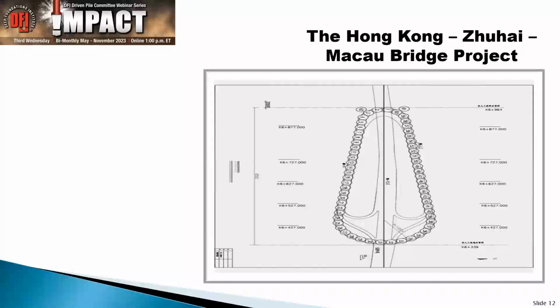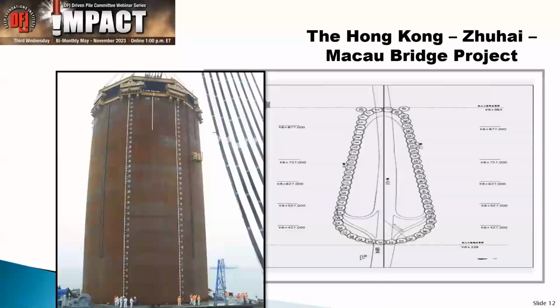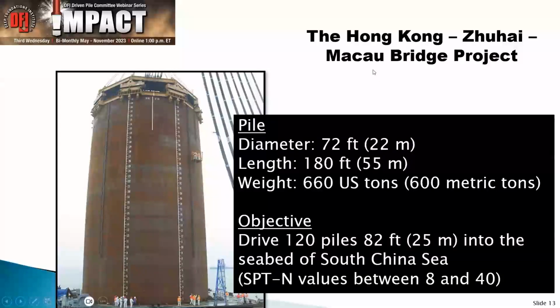And that is when we first started thinking about, okay, what are the limitations of vibratory driving? Because this is one of those piles. And again, you see there the people on the bottom in the orange suits. The people are getting smaller and smaller, or the piles getting larger and larger, whatever it is. And we came up with a problem where we had a 72 foot diameter pile, about 180 feet long, weighing some 660 US tons.